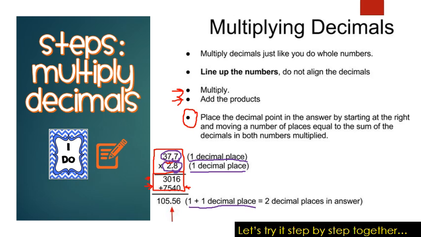We have 1 decimal place plus 1 decimal place. We're going to add those together. And that means we are going to move 2 decimal places over in our answer. 1, 2. Since we have 1 decimal place in the top number, 1 decimal place in the bottom number being multiplied, we have 2 decimal places in our answer.